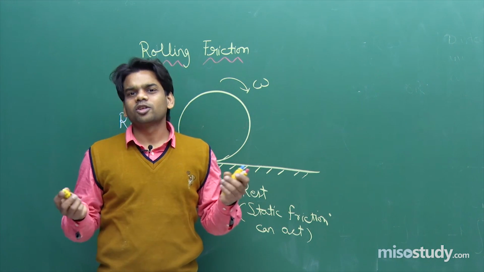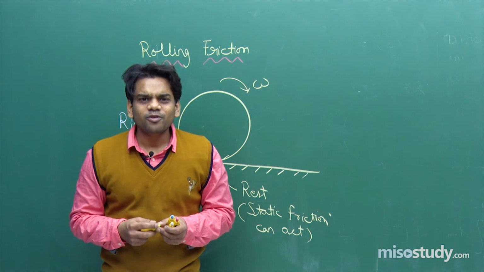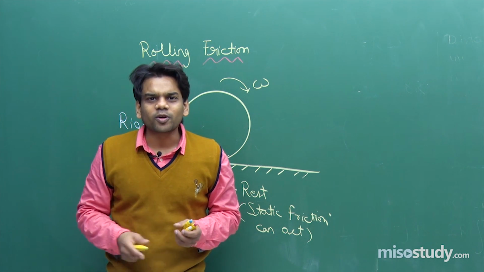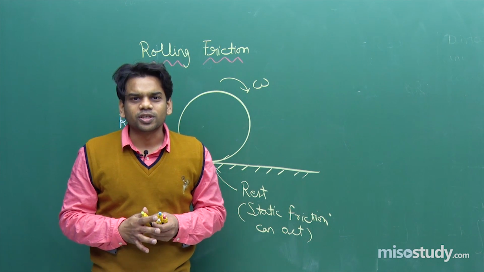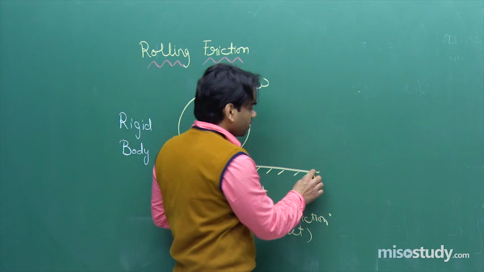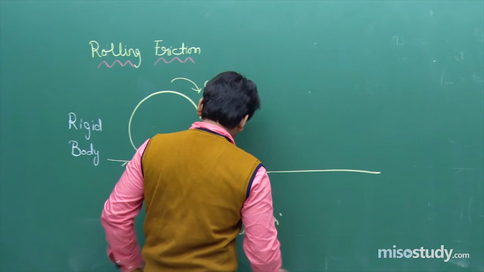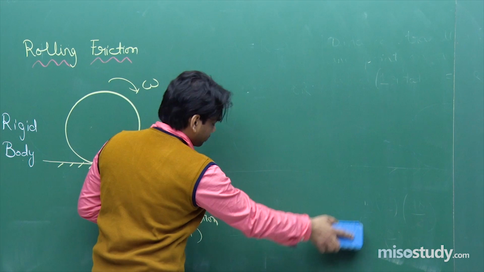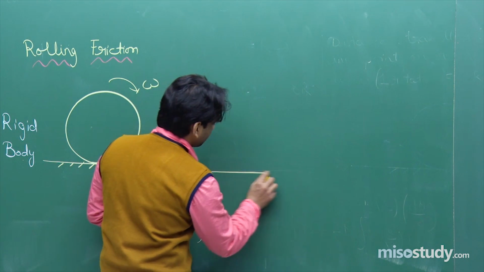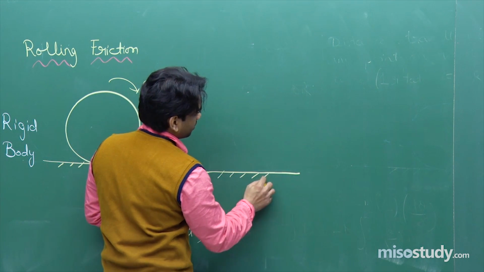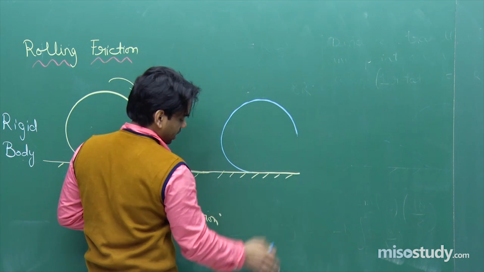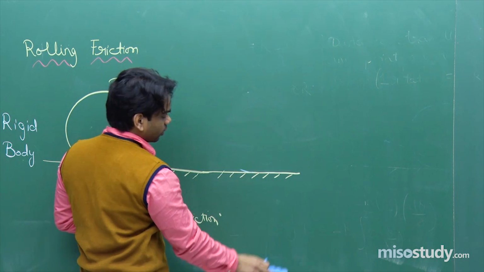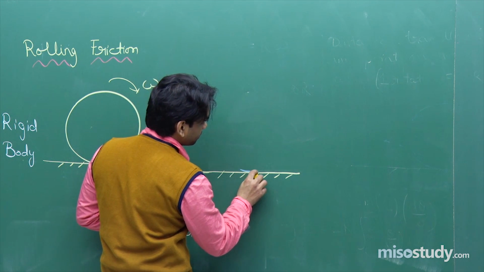In general, but in practical cases, have you ever seen the wheel of a bicycle or your car or your bike? It is slightly deformed at the bottommost position. So let me go ahead with the next figure, which will show the actual scenario. Here in this figure, we will find the rim of the wheel, which I am showing in a different way, how it looks in practical cases.